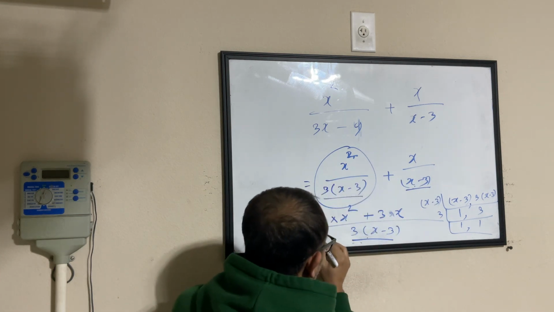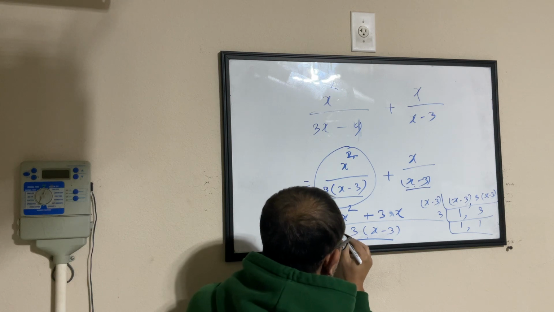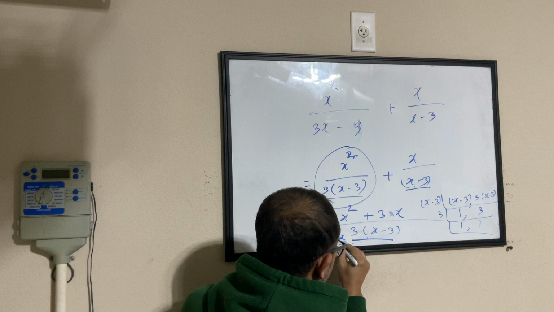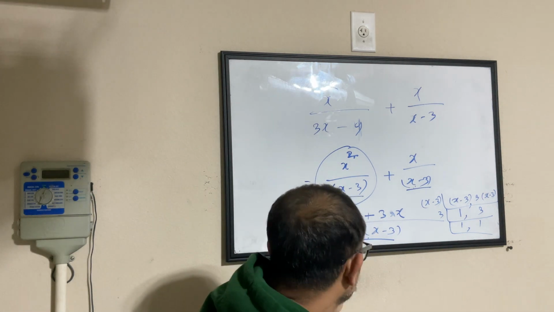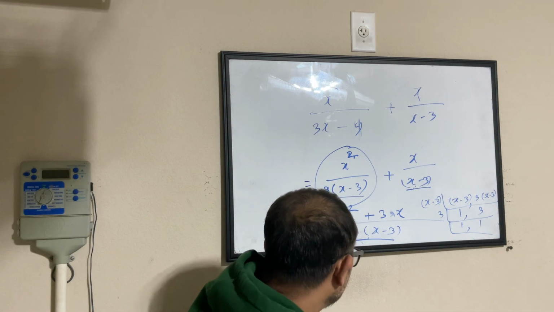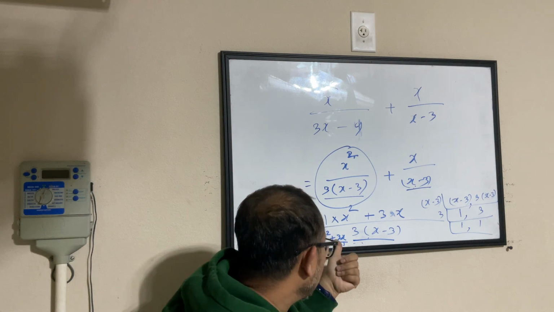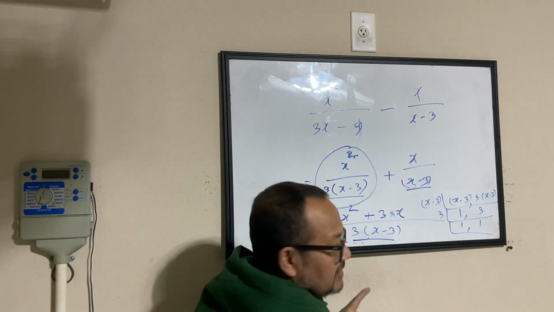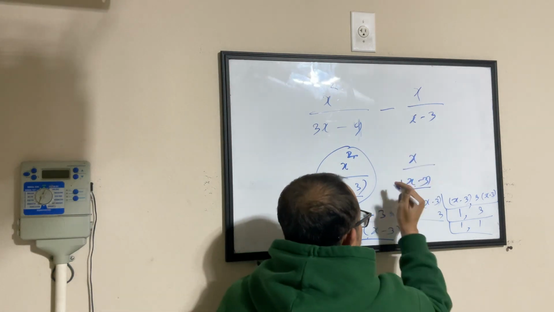So it becomes x squared plus 3x by 3 into x minus 3. There is nothing that you can do right now, because if I had a minus here, that would have been a different story.